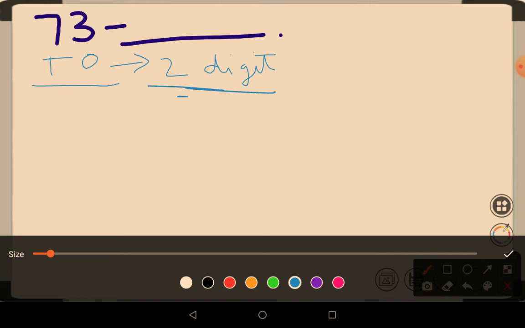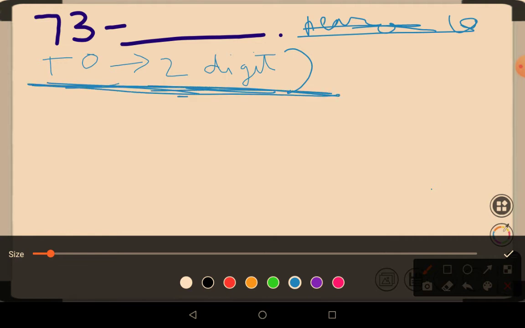So it's a 2-digit number. Okay? So what I will do is over here I will do it to the nearest 10. Nearest 10. So now, just a 2-digit number.